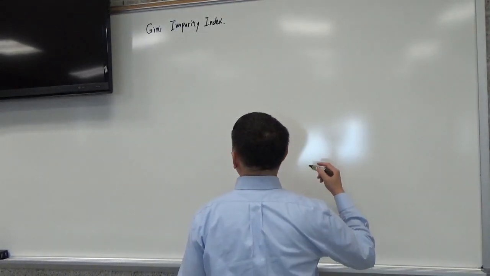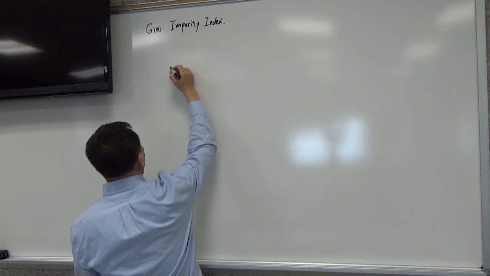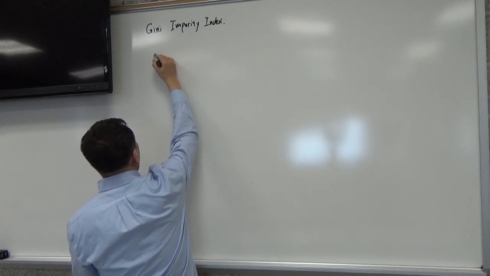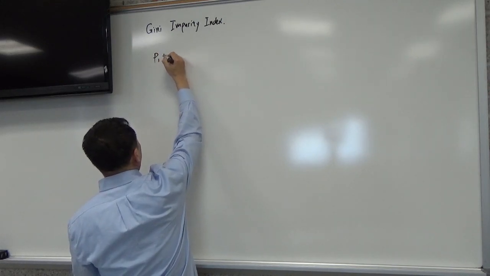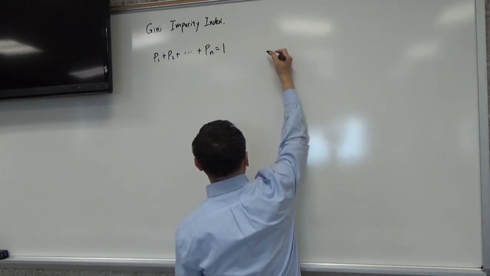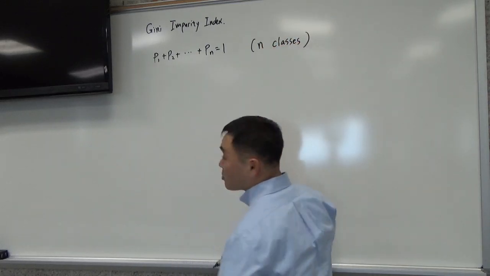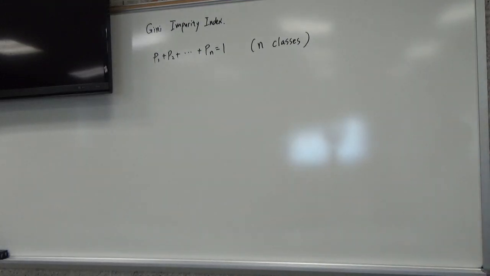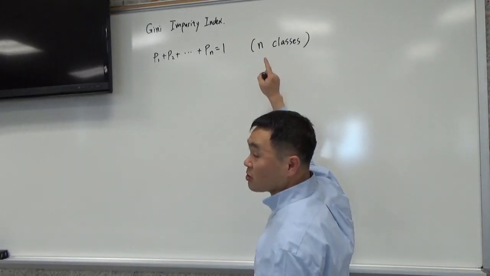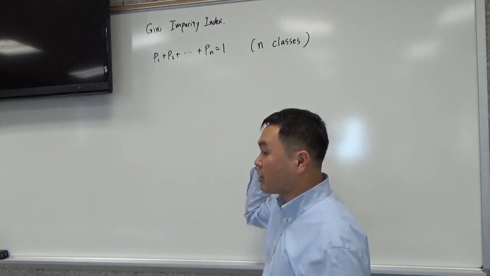So let me first write down the formula. Let's say you have probabilities P1, P2, ... Pn that sum to 1. In other words, you have n different classes, and you can just count the number of items in each class divided by the total number of items.